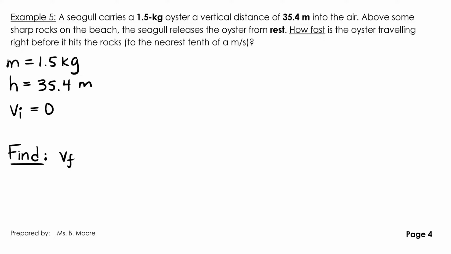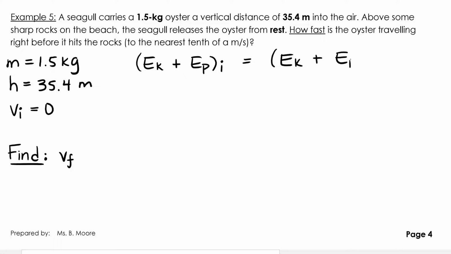To solve this problem, we start by writing down the conservation of energy formula. Initial kinetic plus potential energy equals final kinetic plus potential energy. Now we ask ourselves, which of these quantities must be zero based on the initial and the final time frame of the problem?